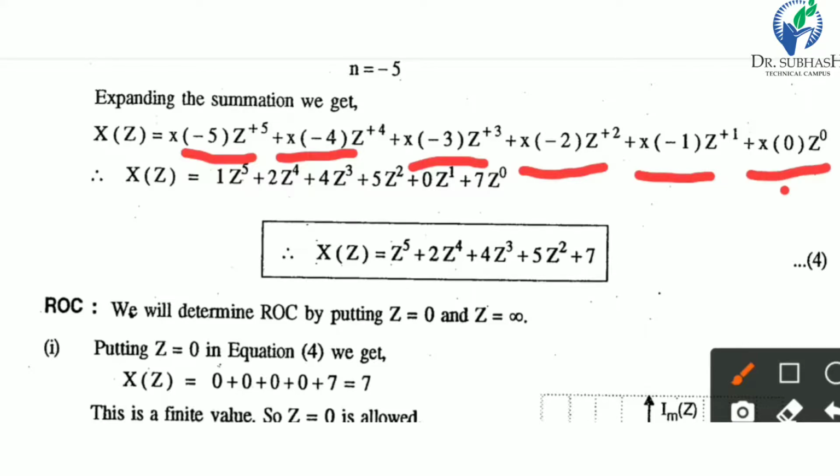Now we have to put the values of x(minus 5), x(minus 4), x(minus 3), x(minus 2), x(minus 1), x(0) in this equation.